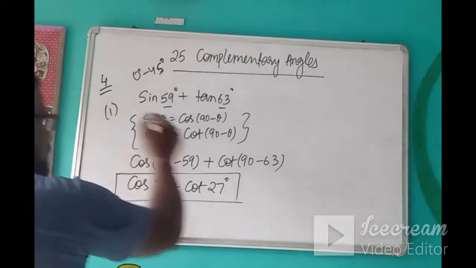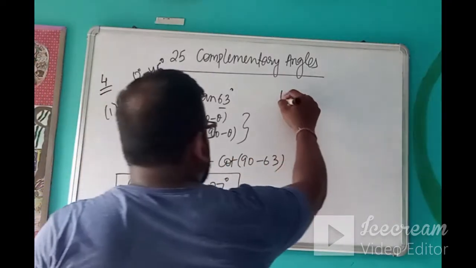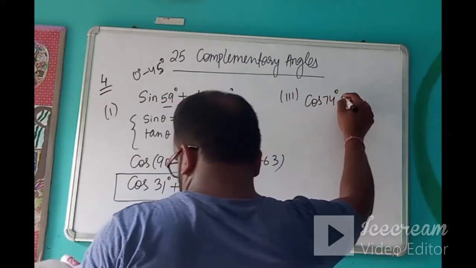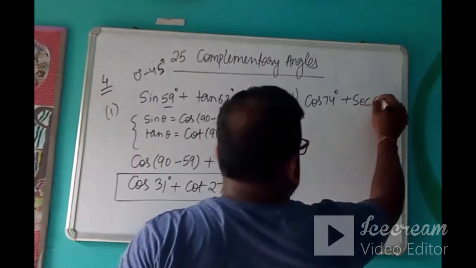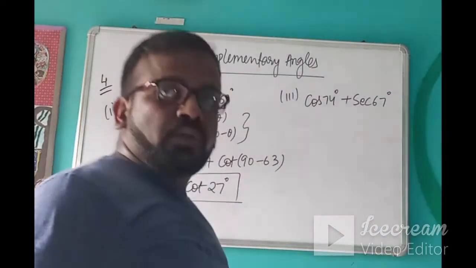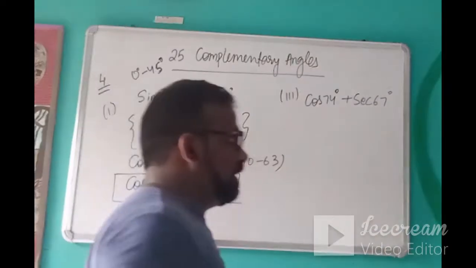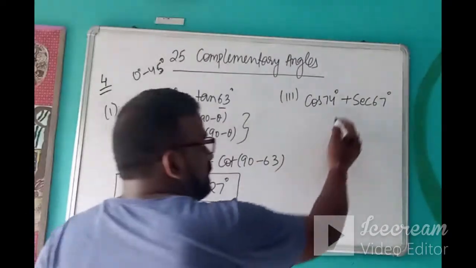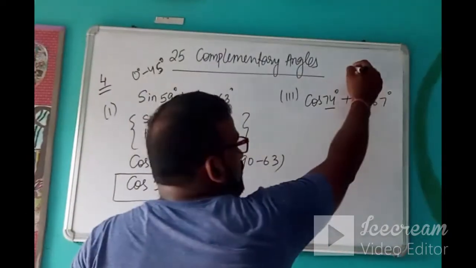So this is how you can solve. Okay, then let's see one more question, even if you did not understand: cos 74 degree plus sec 67 degree. So one more way I will tell you how to solve questions like this, as given in your book. In this you have to see how you will get 74.